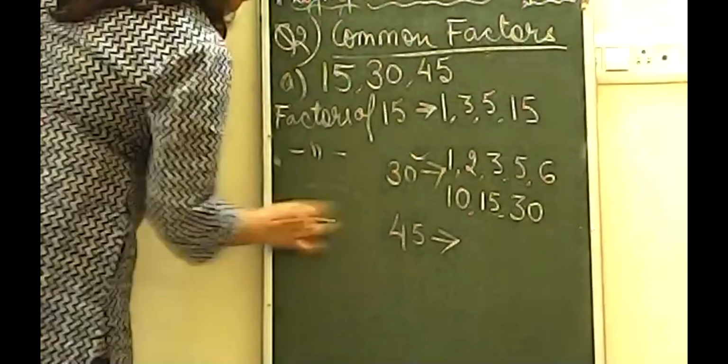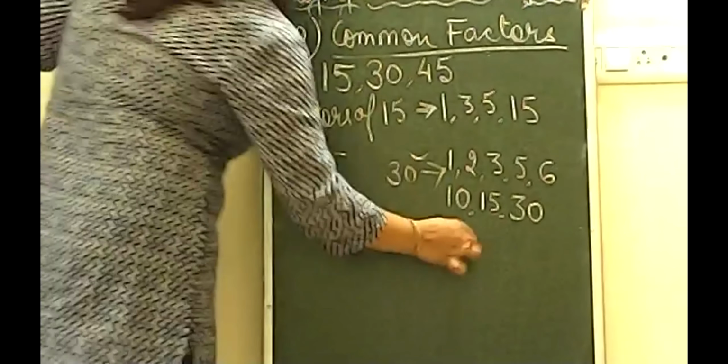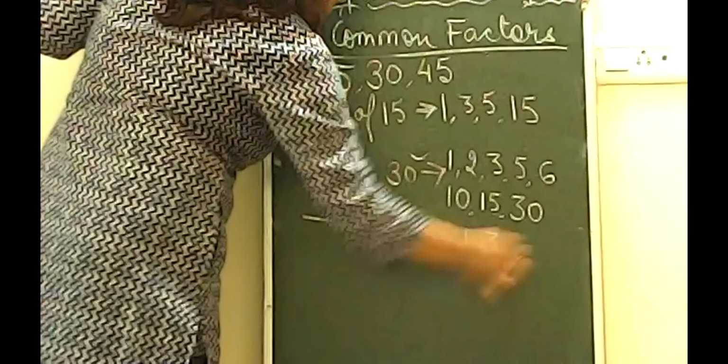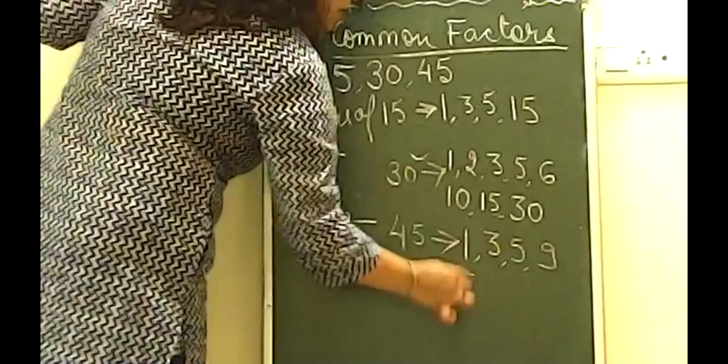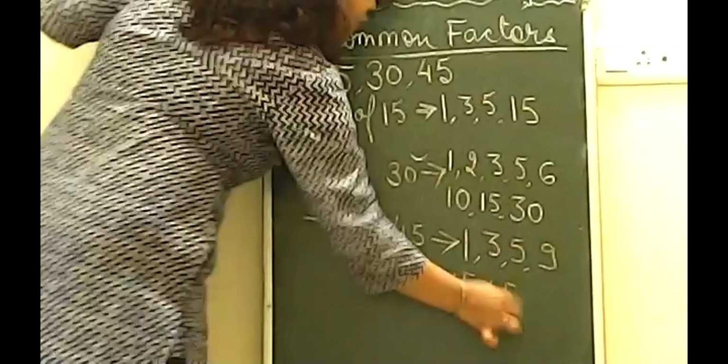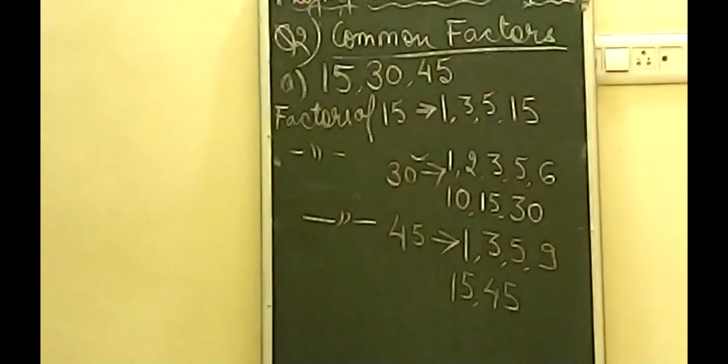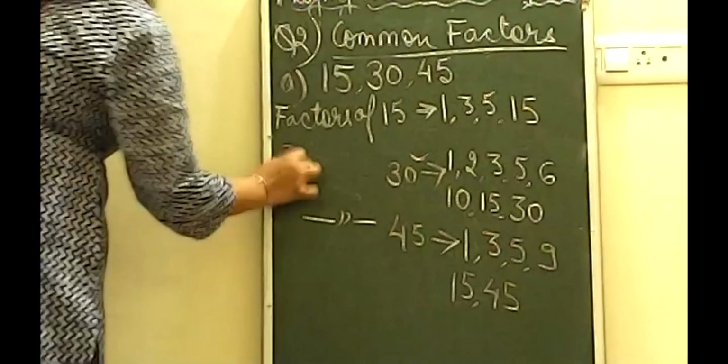You must be knowing the factors of 45 will be 1, 3, 5, 9, then 15 and then 45. Now I have written the factors of all three numbers.